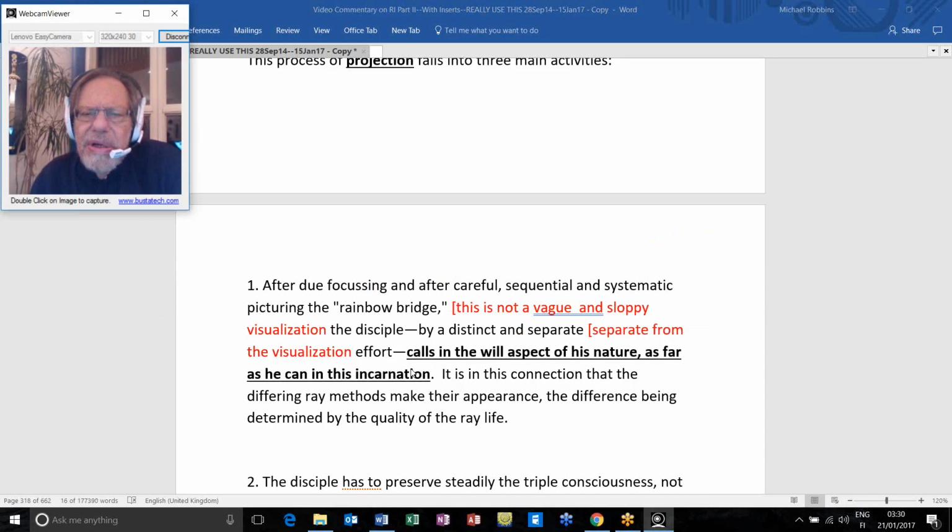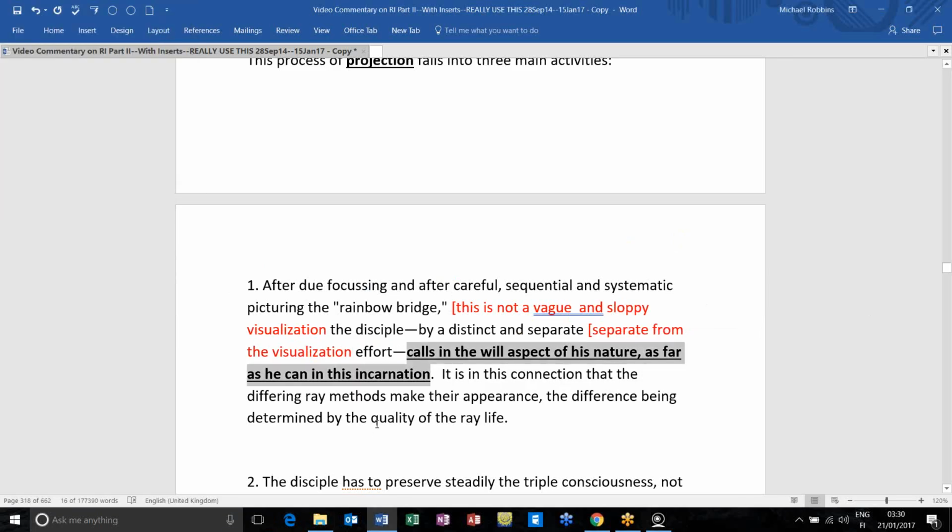It is in this connection that the differing ray methods make their appearance, the difference being determined by the quality of the ray life.